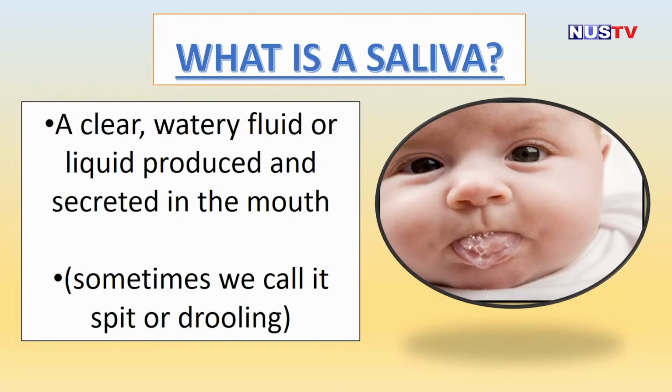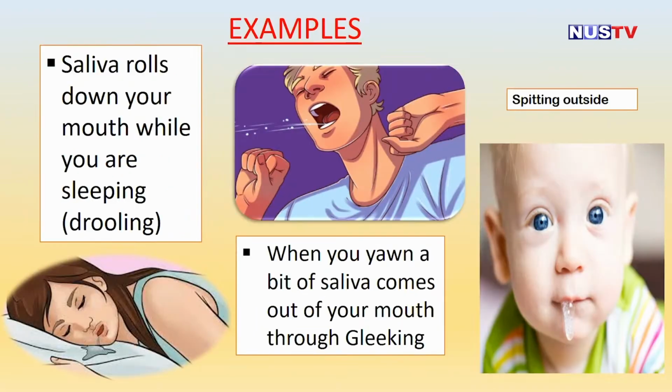As you can see, the baby on the screen is spitting out the liquid from its mouth. That liquid is saliva. Sometimes we call it spit or drooling. These are some of the examples that can help us understand more about saliva.